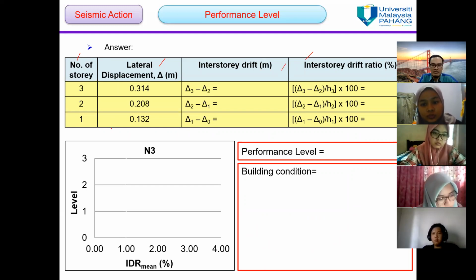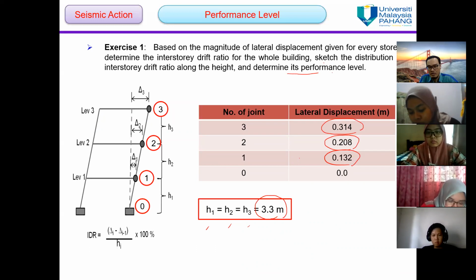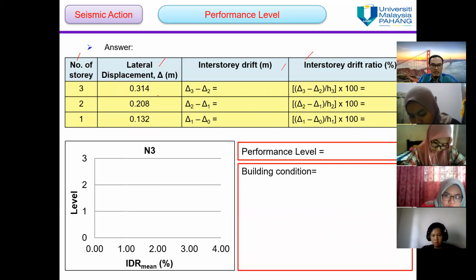We write down the displacement values here: 0.314, 0.208, 0.132, and then 0.0 for the rigid foundation. Then we calculate. Use your calculator.